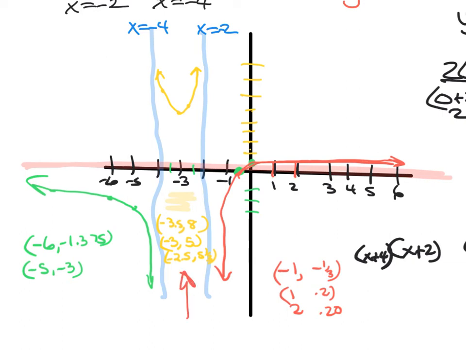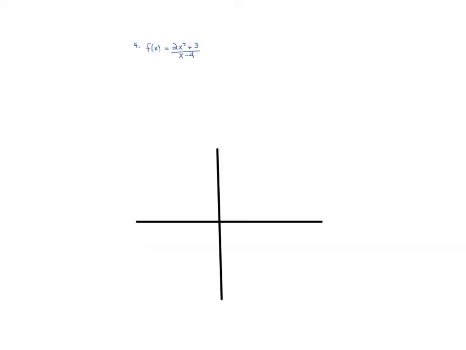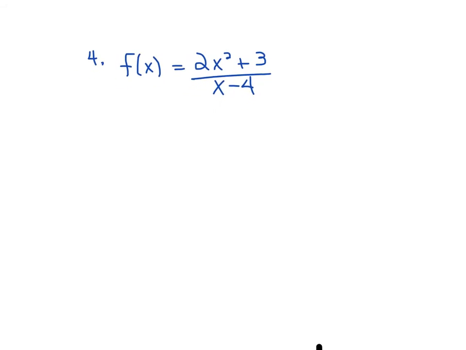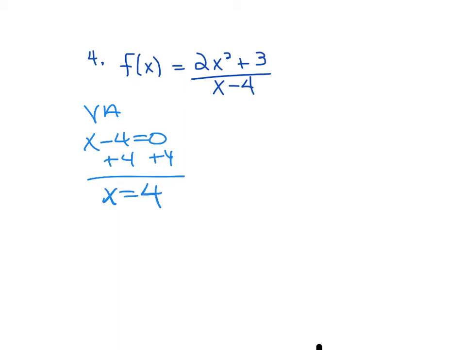Okay, so this example, this is the scenario where the degree of the numerator is larger. So let's try this one. Again, your vertical asymptote you find by setting the denominator equal to 0. So I get a vertical asymptote at x equals 4.